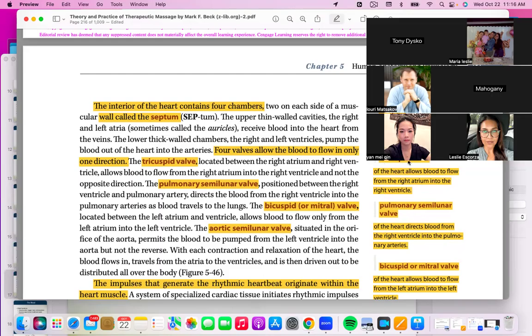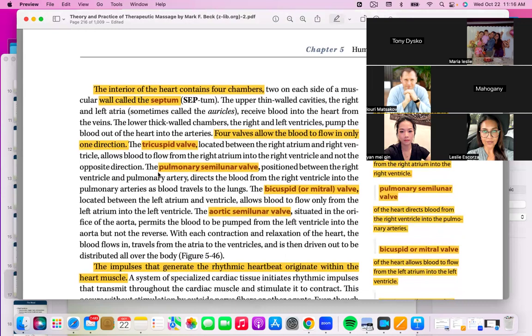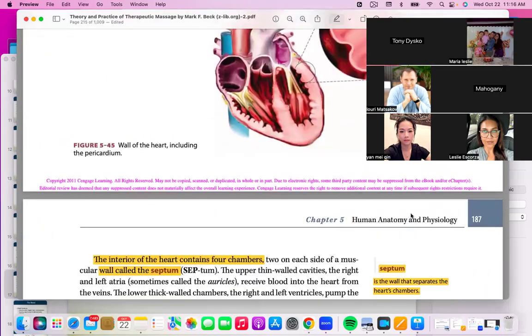It's the tricuspid valve. Okay, and then we have the pulmonary semilunar valve, which directs blood from the right ventricle to the pulmonary artery. Right ventricle, I have it right here.